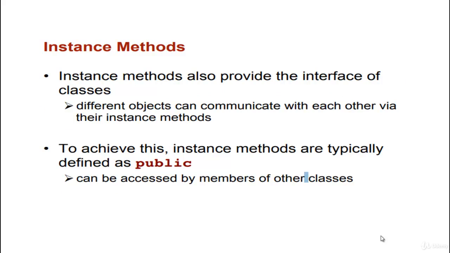So in order to achieve this communication, methods are typically defined as public. That means they can be accessed by the members of other classes. So we should use public in that case.